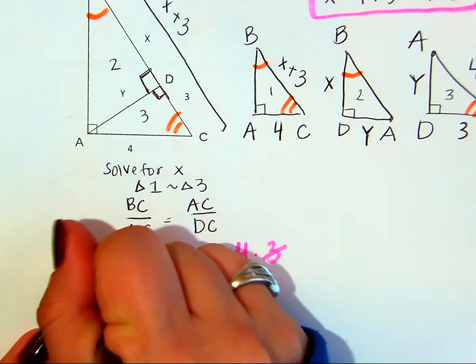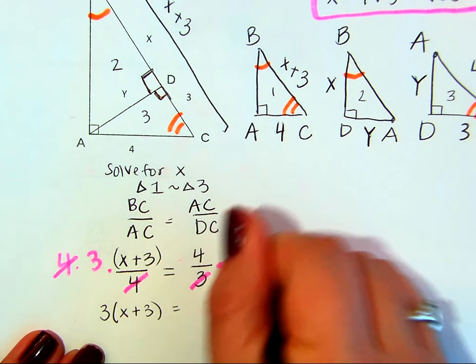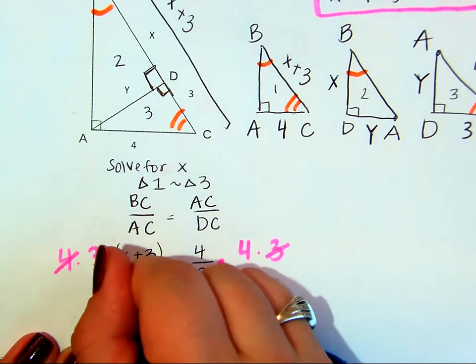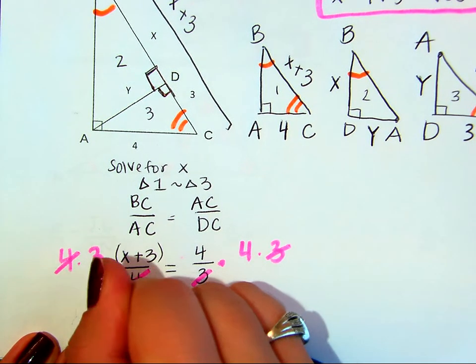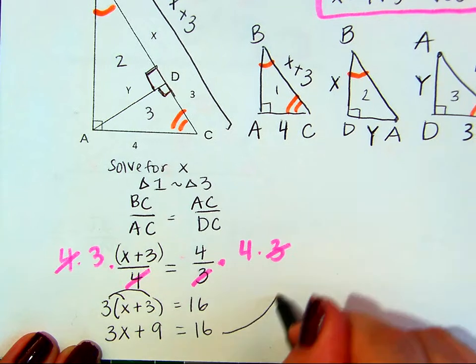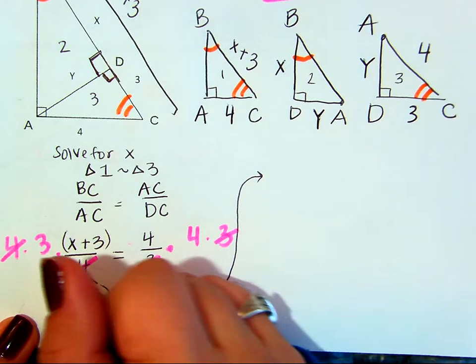So I have 3 times (x plus 3) equals 4 times 4, which is 16. And we're back in Algebra 1. Distribute 3: 3x plus 9 equals 16. Now I need to subtract 9 from both sides.